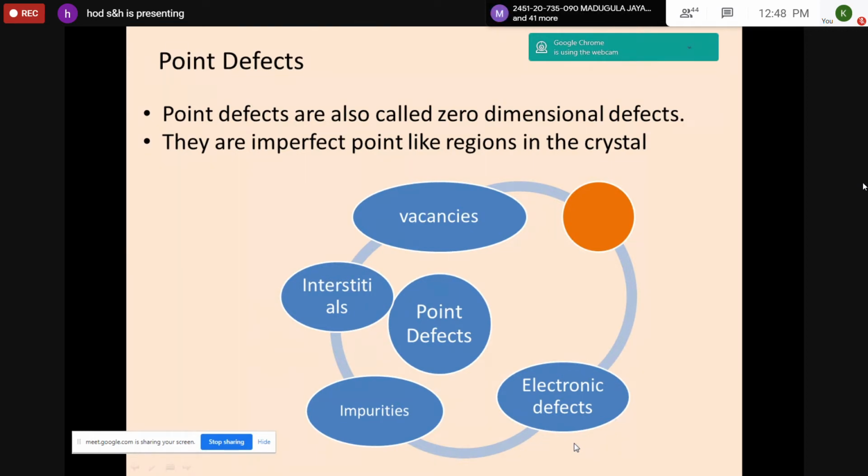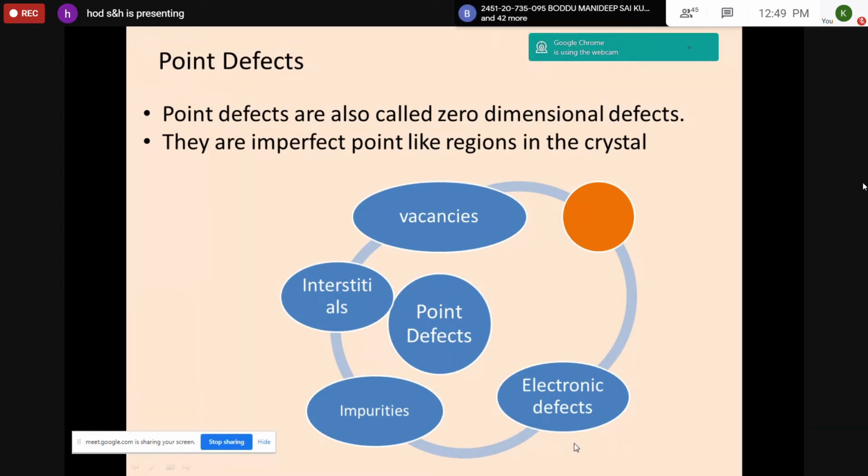That's why these are called zero-dimensional defects, imperfect point-like regions in the crystal. And these point defects are classified as, just now you have copied: vacancies, interstitials (or in some books it is given as interstitials, both are the same), the third category, impurities, and the fourth one, electronic defects.